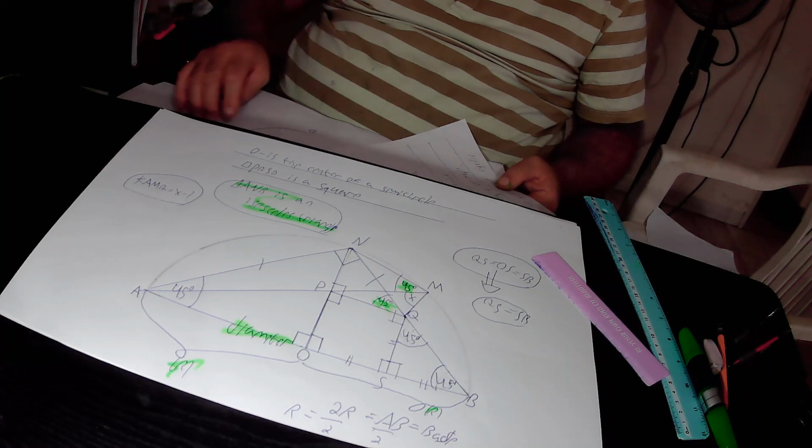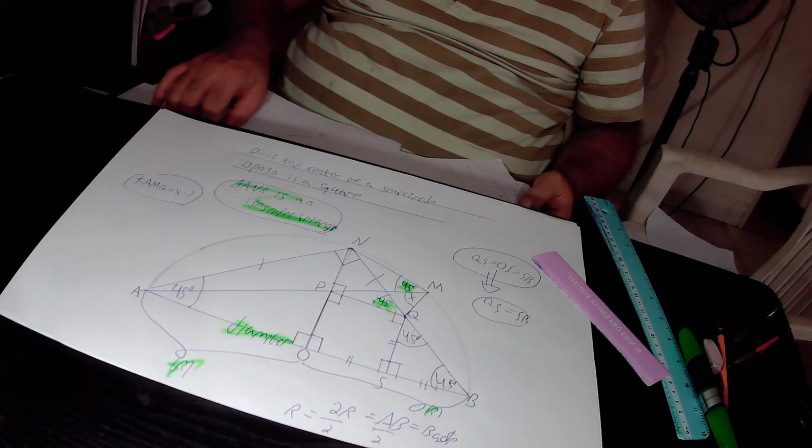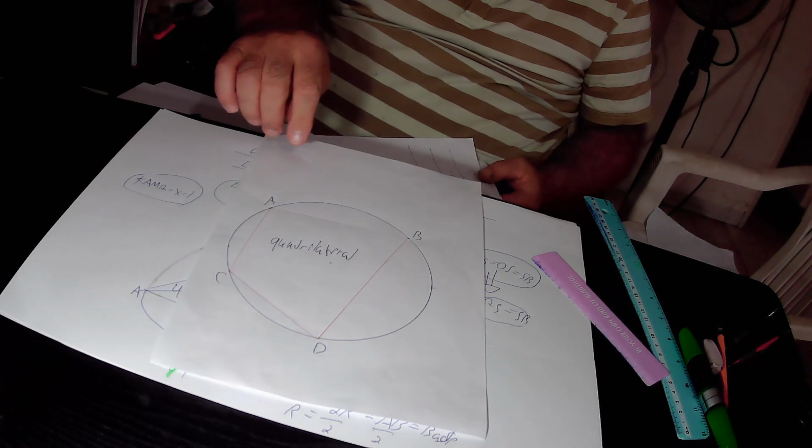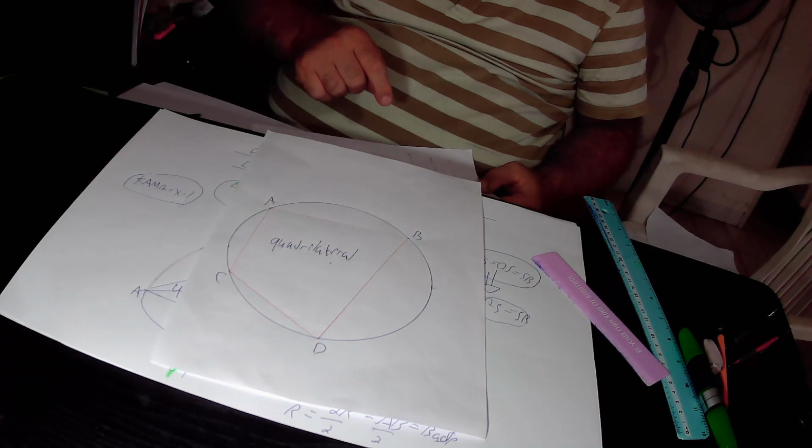What does it mean that a quadrilateral is a cyclic quadrilateral? The red quadrilateral ABCD is a cyclic quadrilateral. Why?